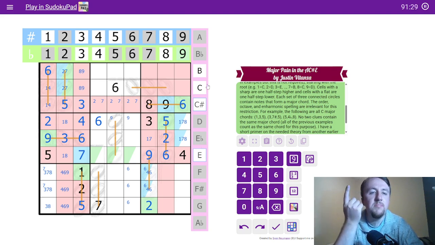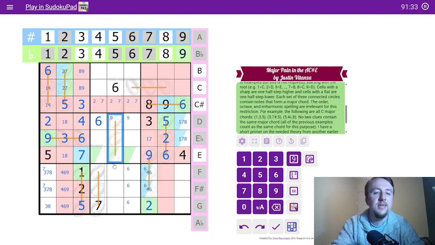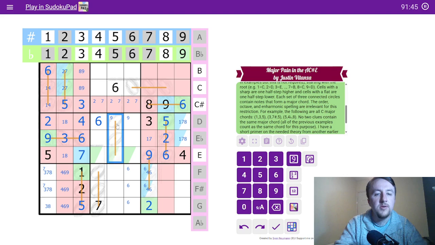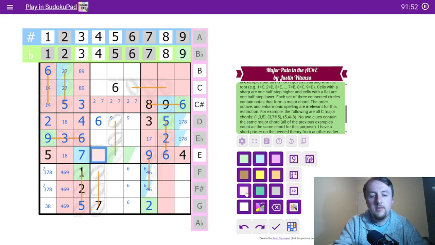But we must have a B major triad here or here. Right, okay, so that's not a flat because we know that the B major triad must be a 7, a flat 3, and a sharp 4. And the flat 3 would be prevented from going here or here if this was a flat. So this is red.